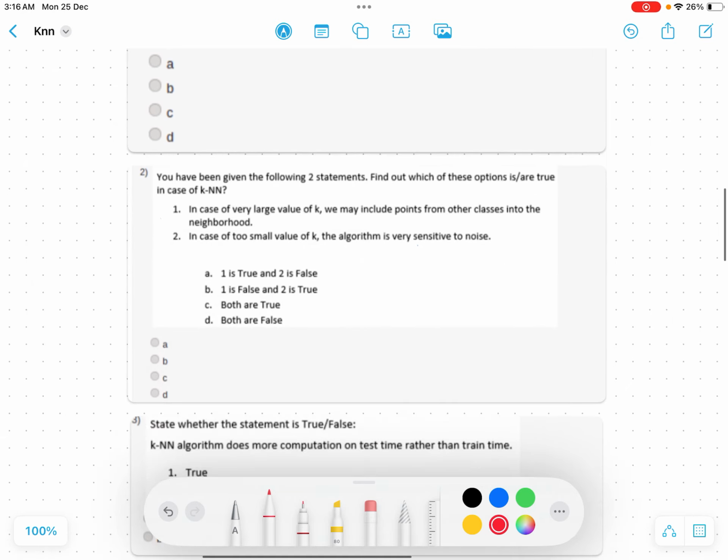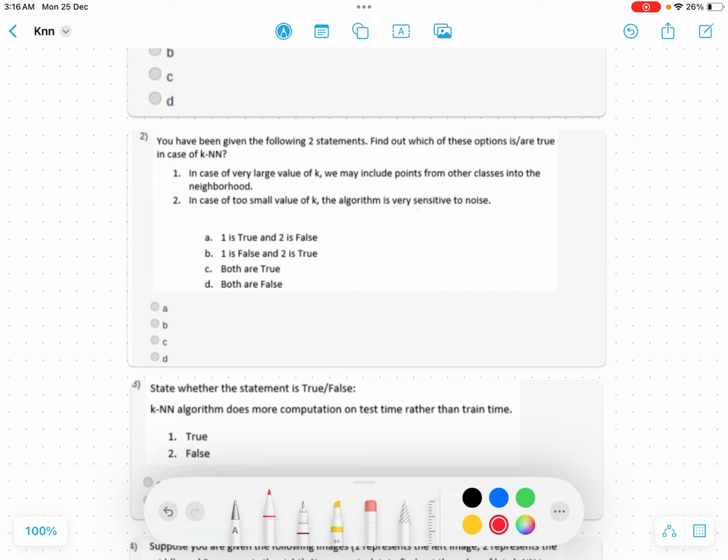Now let's look at question number 2. You are given the following two statements, and you have to look at which one is correct. Statement 1 is: in case of a very large value of k. A very large value of k means you will have a large number of neighbors. Say these are the positive class and maybe some negative class points are also here.